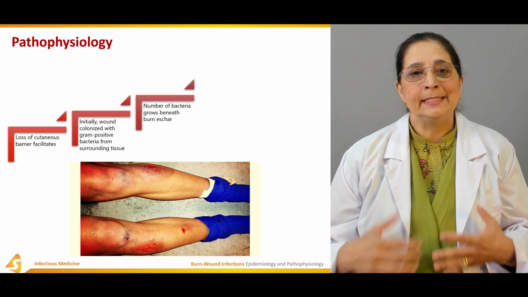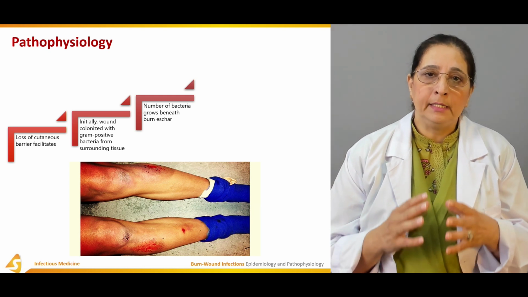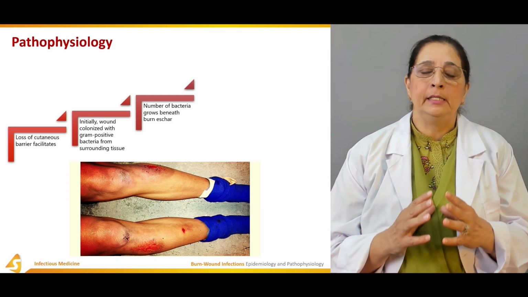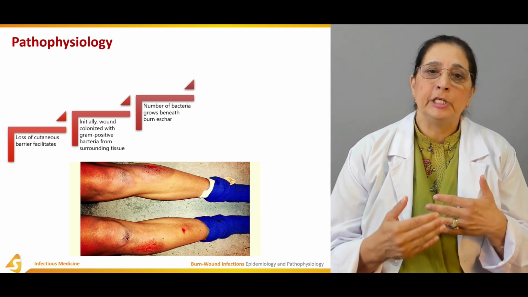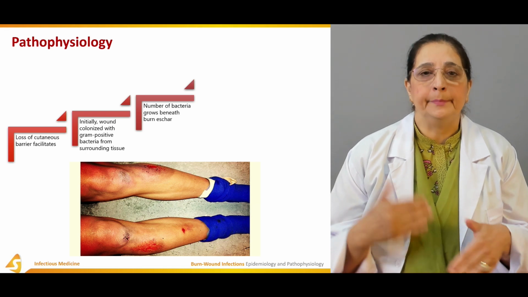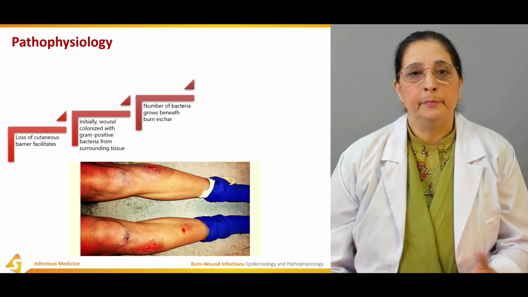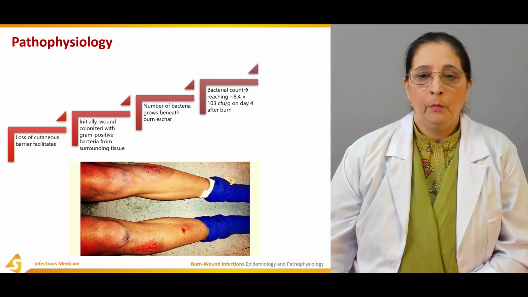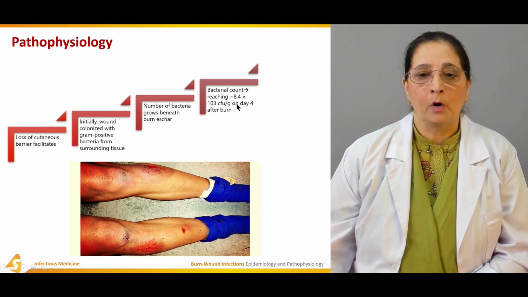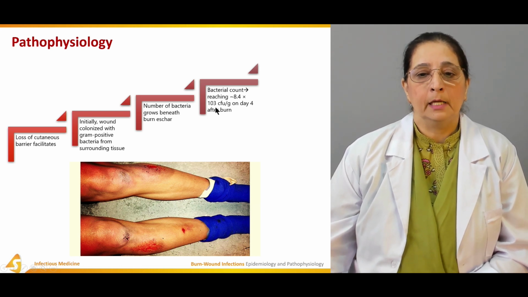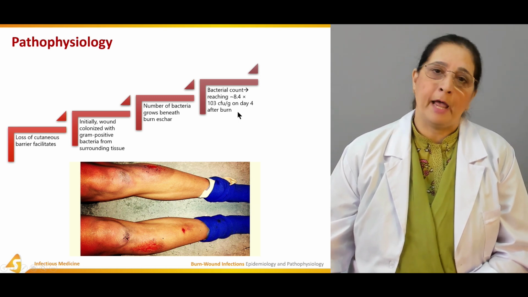The number of bacteria grows beneath the burn eschar, the burn dead tissue. Once there is colonization of the microorganisms, they keep on growing under the eschar. The bacterial count reaches 8.4 times 10 to the power of 3 on day 4 after the burn.